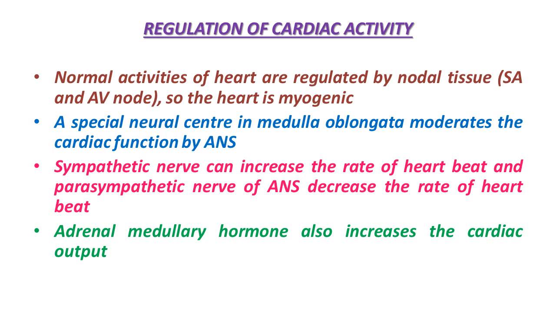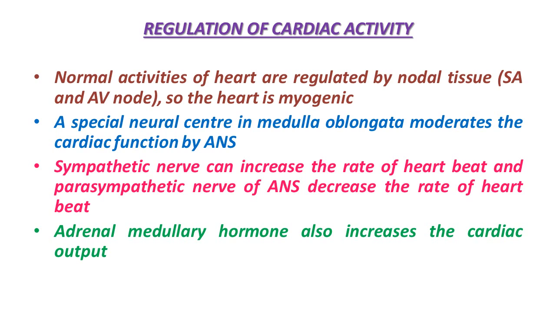Neural signals through the sympathetic nerves, a part of this ANS, can increase the rate of heartbeat, the strength of ventricular contraction, and thereby the cardiac output.